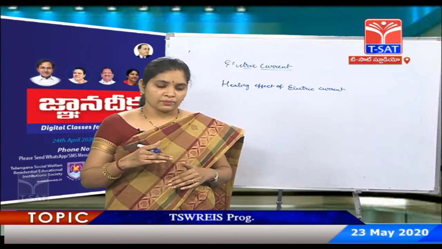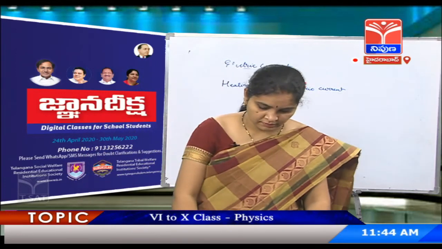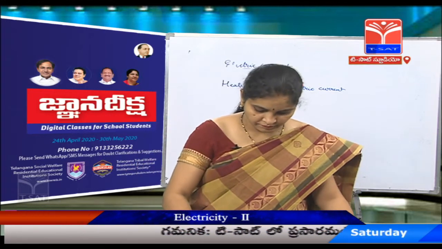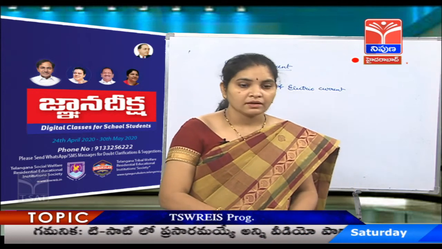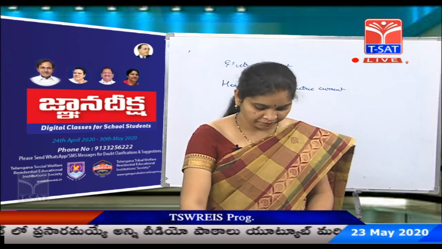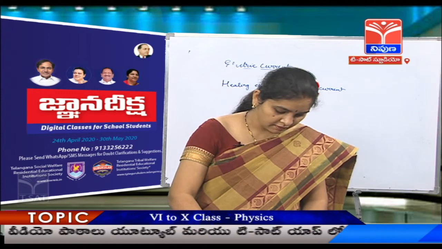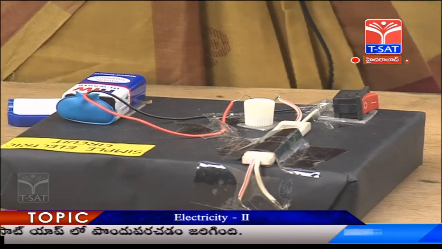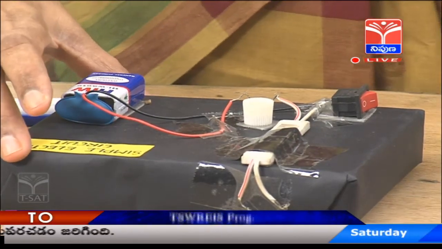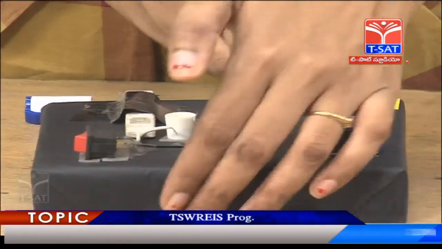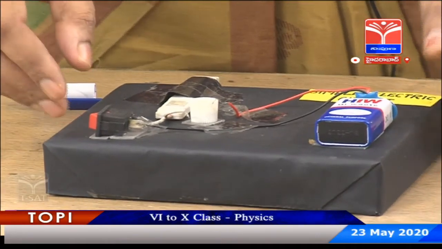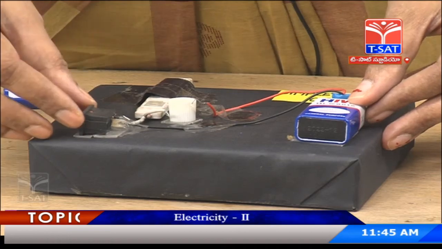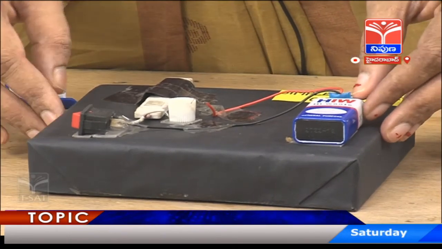Now, here I have taken a liquid into a small plastic cap. Children, here the circuit consists of a battery, a switch, LED and the wires.